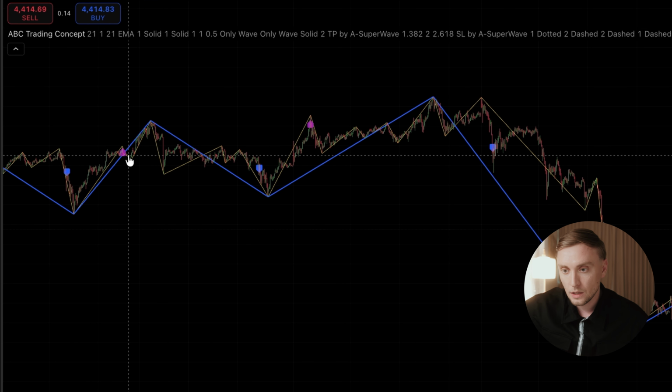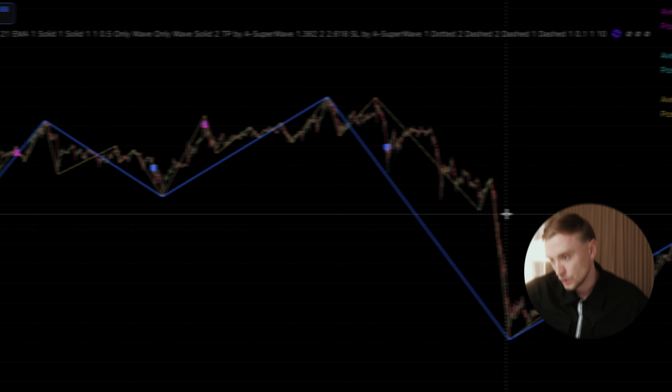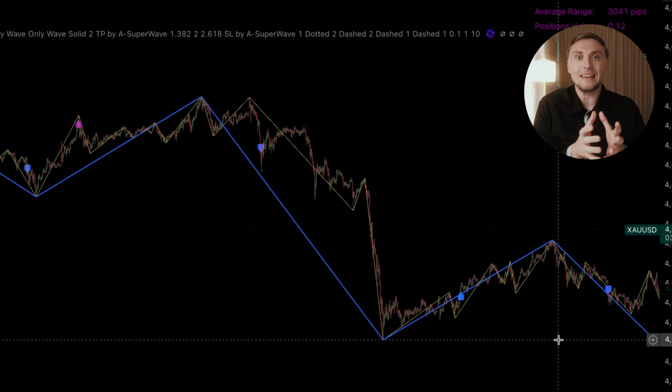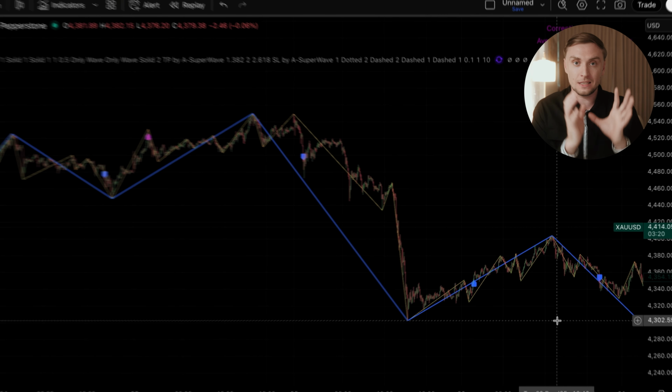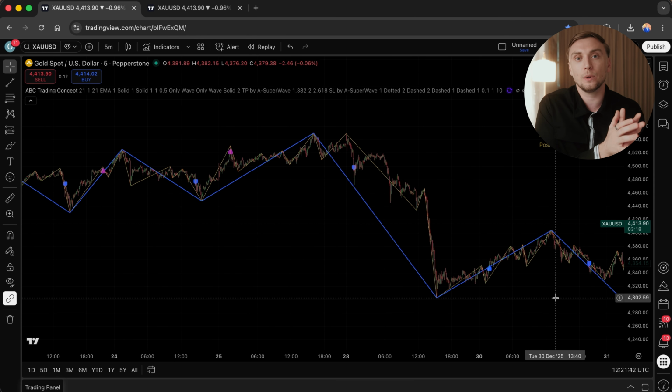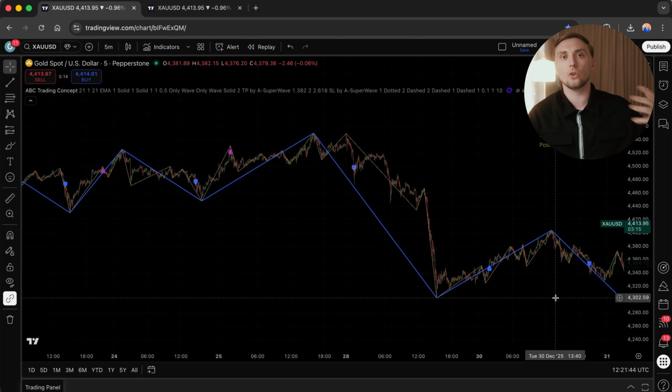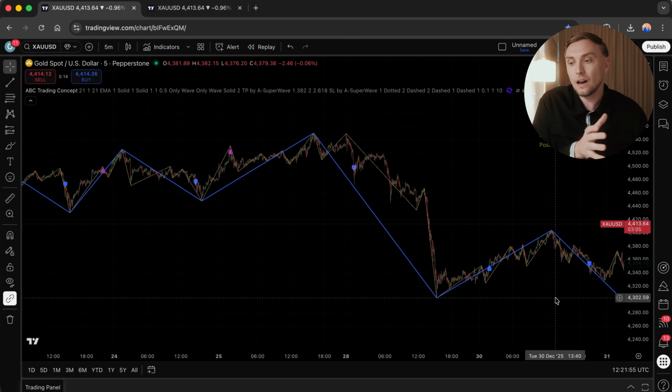Look, 1, 2, 3, 4, this was in plus, 5, 6, so we had almost 6 minuses in a row. This is because the simple ABC pattern is not the strongest pattern, especially in choppy markets. And if we go lower in the time frame, the profit is higher, but at the same time it's more choppy, and this is a higher risk.